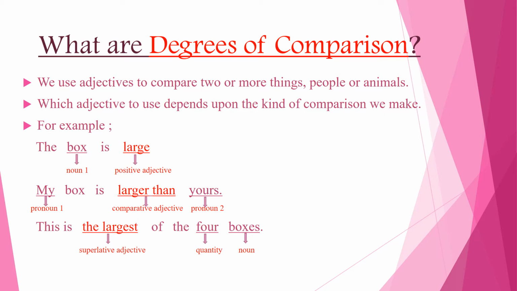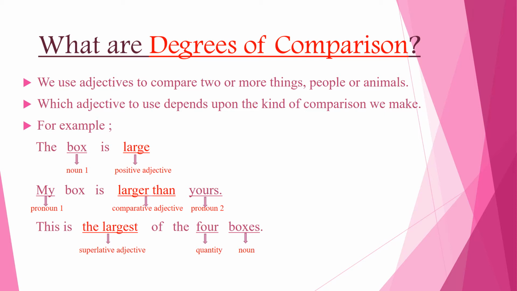Which adjective to use depends upon the kind of comparison we make. So usually we use adjectives either single or we use them to compare two or more things. Now, when we compare two or more things, they are known as degrees of comparison.